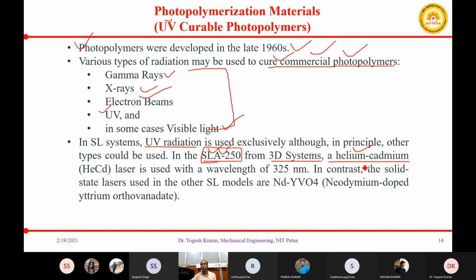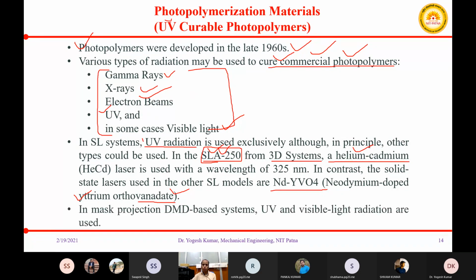Then there are other 3D printers where solid state lasers are used. Among them, the neodymium yttrium type laser is commonly used, such as the Vanguard lasers. These are the radiations used in curing photopolymers nowadays.